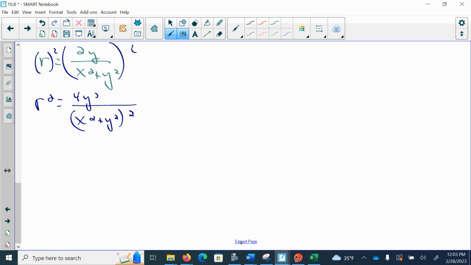So this r squared will be x squared plus y squared is equal to 4y squared over x squared plus y squared, squared.